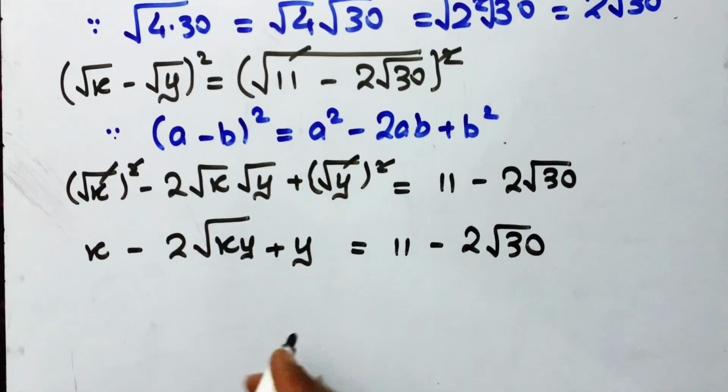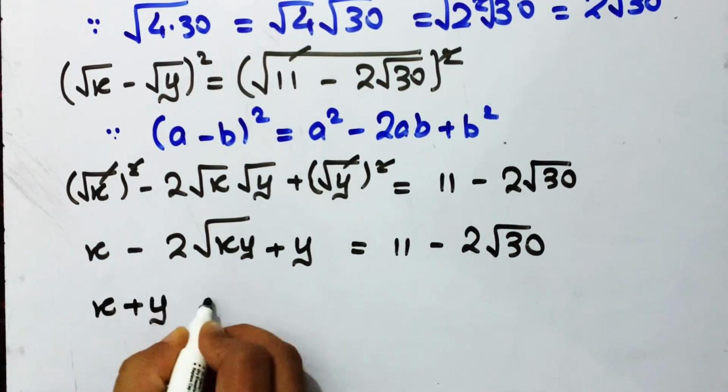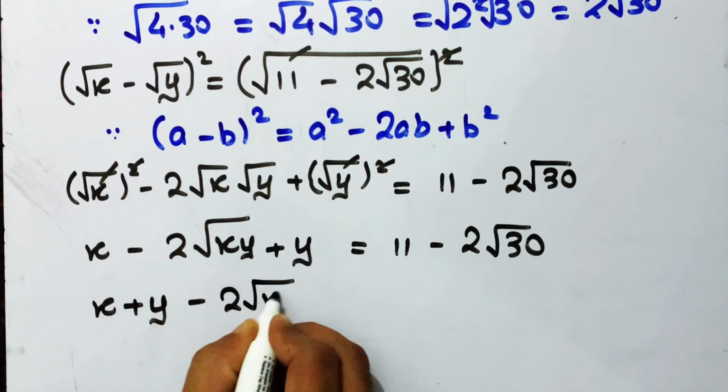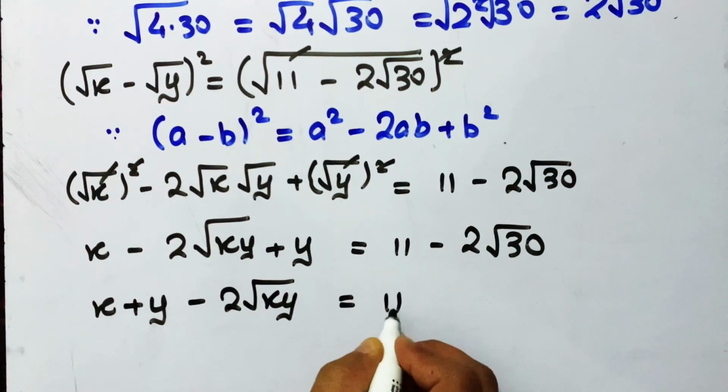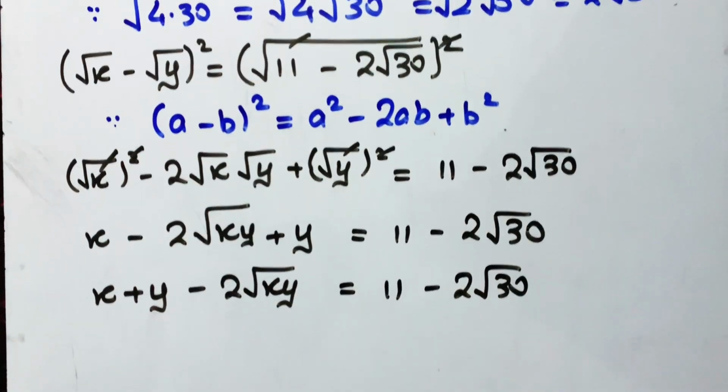I'm arranging the xy into a single square root, so x plus y minus 2 square root of xy is equal to 11 minus 2 square root of 30.